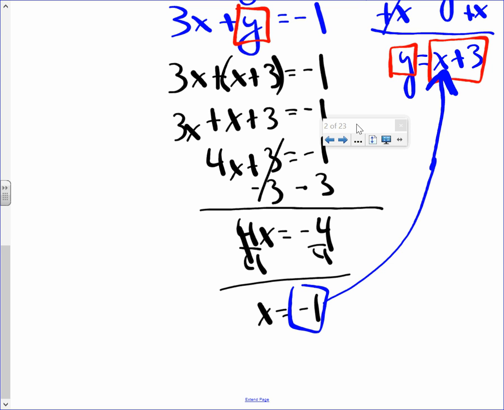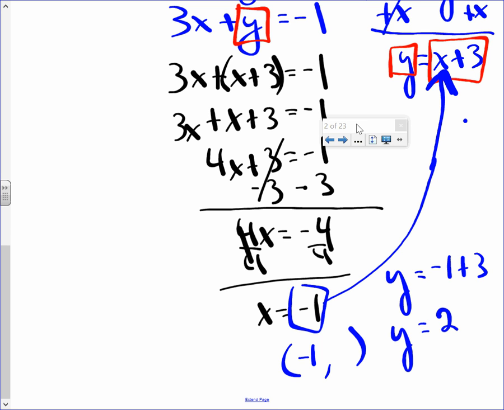So y is negative 1 plus 3. Y is positive 2. So our solution is negative 1, 2. Done. Go ahead. Questions?